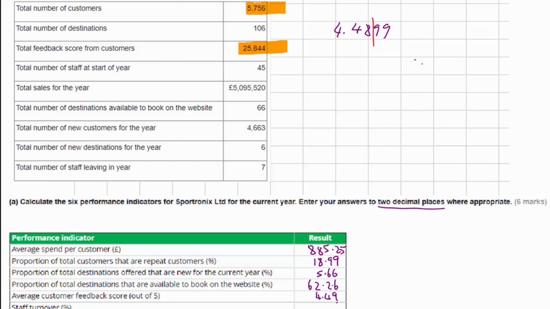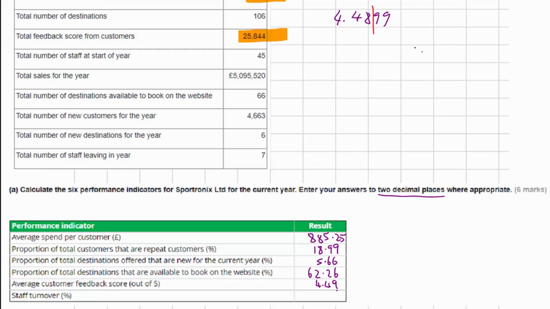And then the last one on our list is our staff turnover. So we're told that we have lost 7 staff during the year out of a total of 45. So 7 divided by 45 gives us an answer of 15.55555%. We want to round to 2 decimal places, so we can see that the number before the rounding is a 5, and that's enough for us to round up to 15.56.